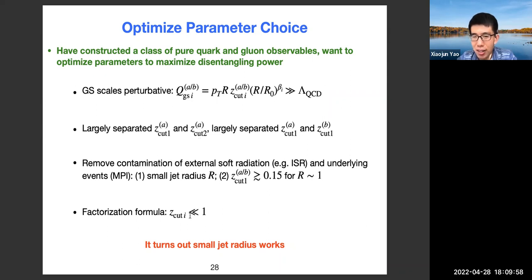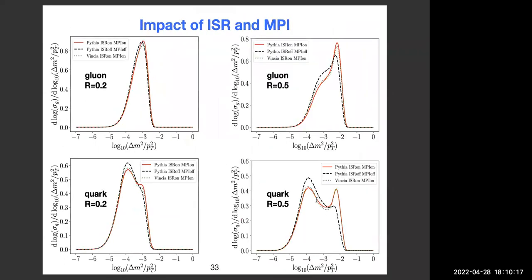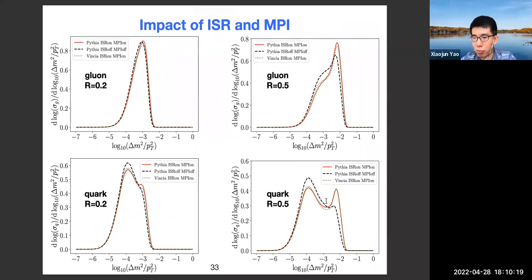But 0.5 also challenges this criterion, right? So you have competing factors that force us to use a smaller jet radius rather than use Z cut to get rid of the ISR and MPI. And this is shown in this plot. This is a very small Z cut parameter. That's why the soft drop does not groom the ISR and MPI away.